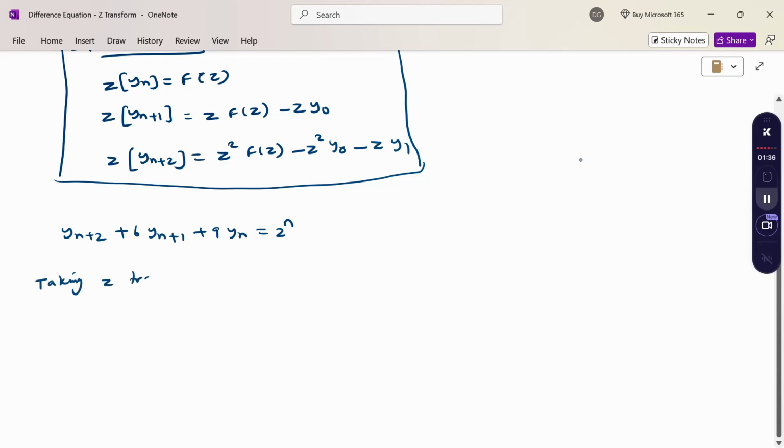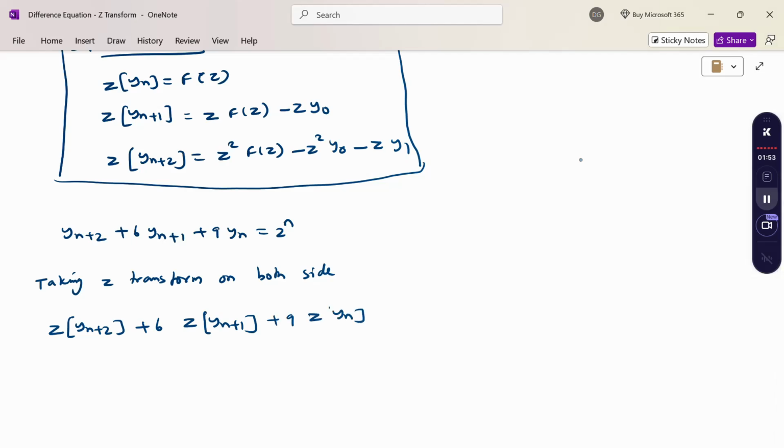Taking Z transform on both sides, therefore Z of y(n+2) + 6 Z of y(n+1) + 9 Z of y(n) equals Z of 2^n. Now substitute the difference equation values. The Z of y(n+2) value is z squared F(z) minus z squared y(0) minus z y(1).